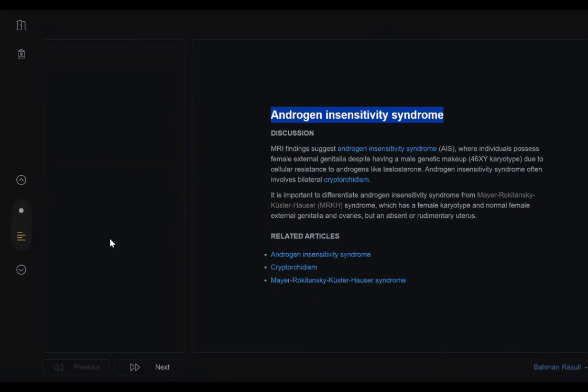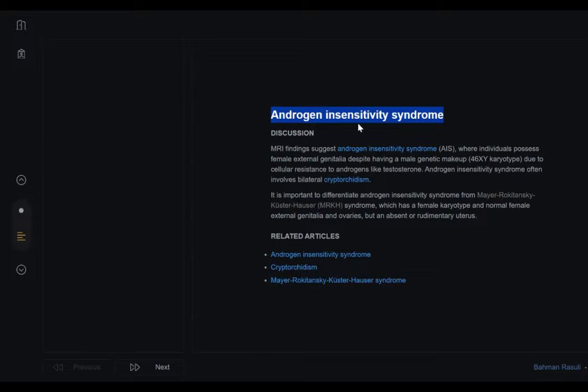The other differential diagnosis, in my opinion, is Mayer-Rokitansky-Küster-Hauser syndrome, but that is a true female, XX. You just see absence of uterus and ovaries without testes, with normal external female genitalia. By the way, this case came in the long cases in the last exam, and a colleague described this syndrome. We are trying to collect as much as possible of a typical case.